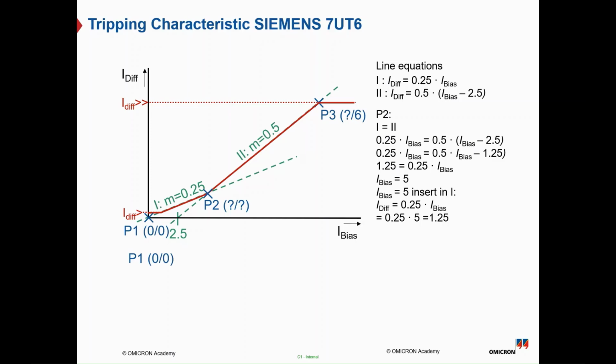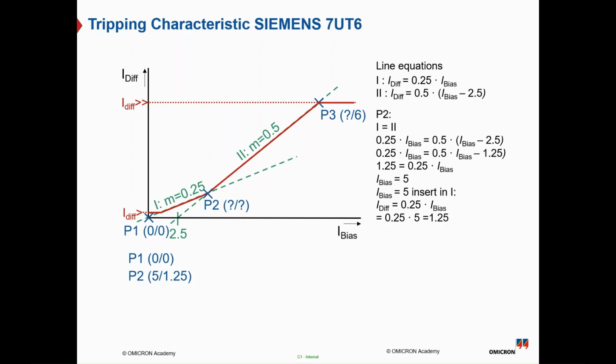As you can see, the I differential from slope 1 equals the I differential from slope 2, because this intersection point is located on slope 1 and also on slope 2 at the same time. So we can get the I diff in this value, and by substituting in either equation of slope 1 or slope 2, you can get the bias value.